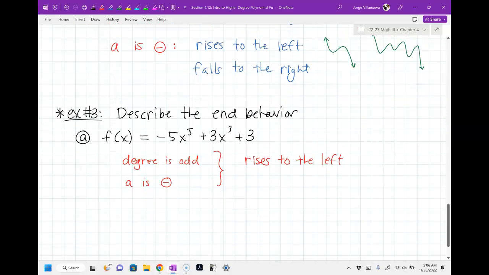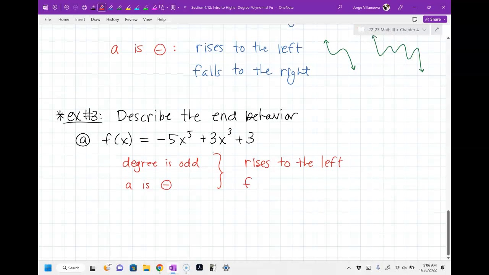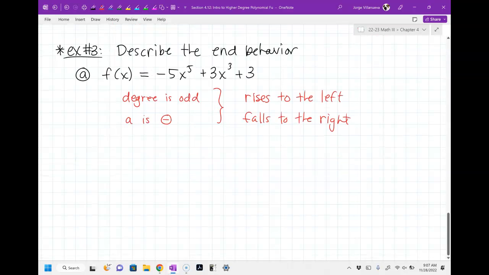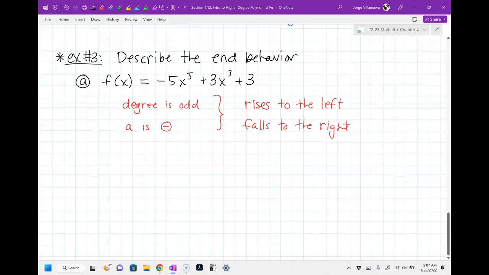Rises to the left, falls to the right. And that's all you have to do. Just identify it, okay? Just identify it. So it rises to the left, it falls to the right. All right, let's do one more, or maybe even two more, but let's do this one.